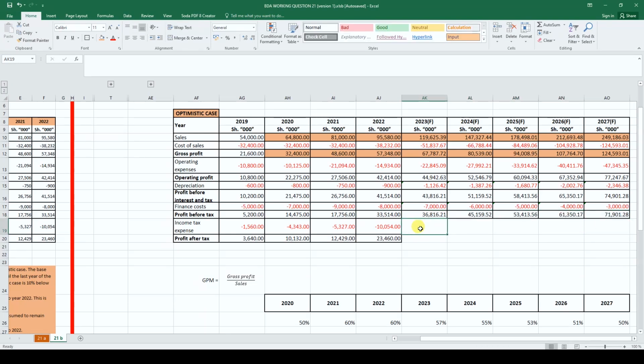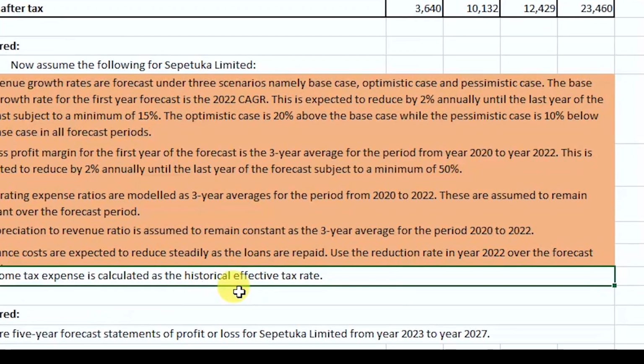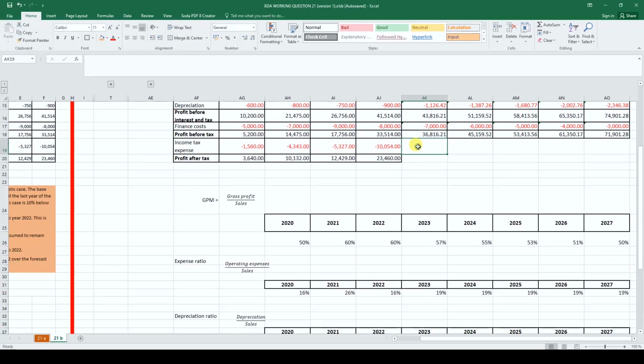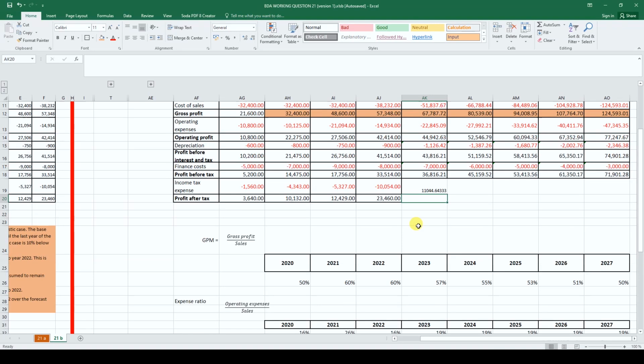Finally, or rather semi-finally, second to final, income tax expense. We've been told the income tax expense, and the finance cost we've done. Income tax expense, calculate the historical average effective tax rate. Highlight that to show that you've done it, and it's just going to be plus that times this value here, like that. But because it's a negative, you put negative minus. Open the brackets, close the bracket, enter.